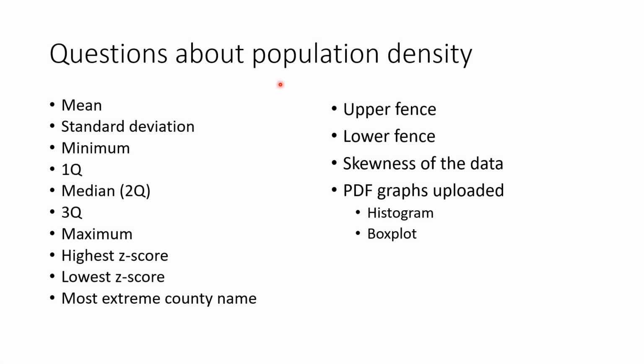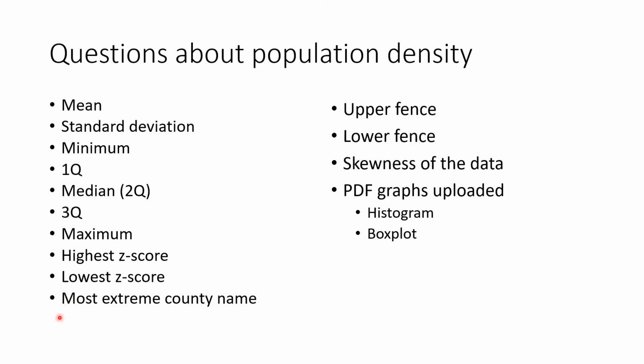And then I'm going to ask you questions about this population density as a population parameter. I'm going to ask you about the mean, the standard deviation, the minimum, first quartile, second quartile, third quartile, maximum, highest z-score, lowest z-score. All of these answers are numbers. This one is not: most extreme county name. So for example, that could be DeKalb.